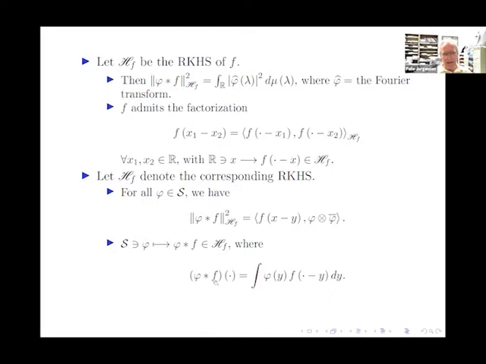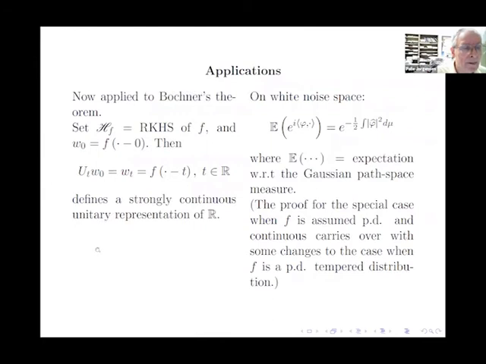So phi tensor f would again be a nice test function. And so we complete these nice functions and get a Hilbert space, and that's the Hilbert space we want to study. But in particular, since we can translate these tempered distributions, we get a unitary representation acting on these reproducing kernel Hilbert spaces. And so that's what I'm saying in the left slide here.